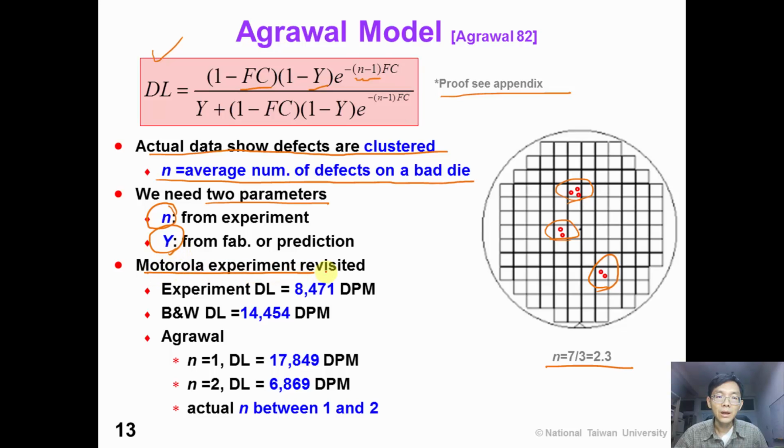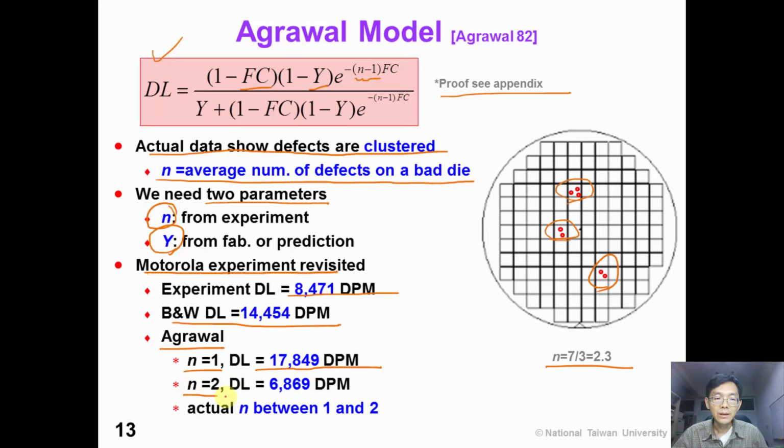Let's revisit our Motorola experiment. According to the experiment, defect level is 8,471. The Brown and Williams model shows that the defect level is 14,454. If we plug in the number using n equal to 1, the defect level would be 17,849 dpm.